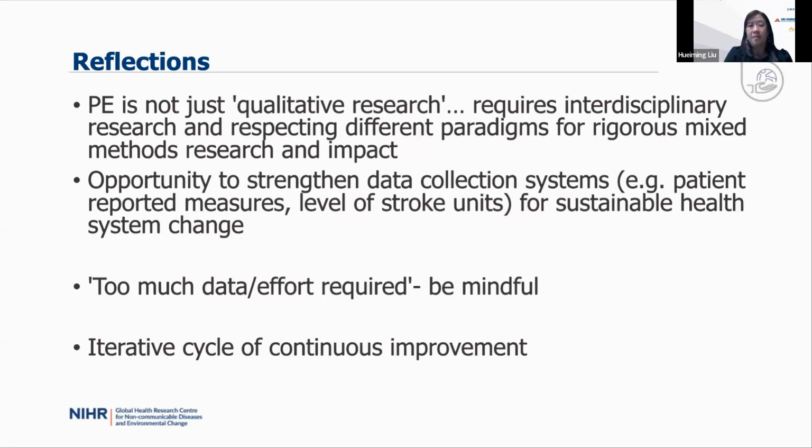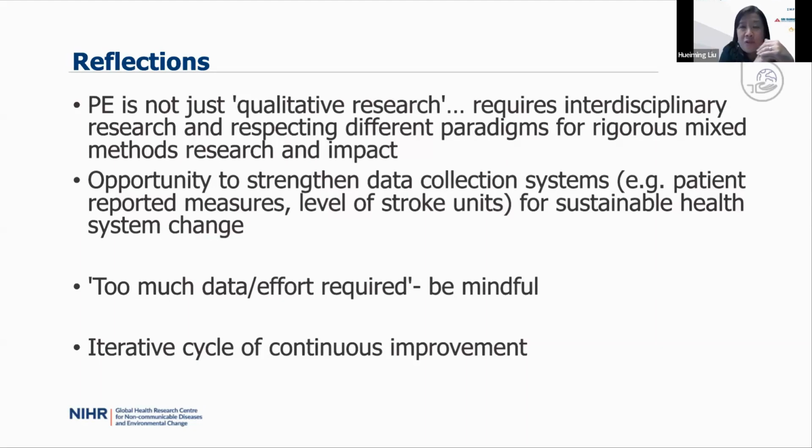For rigorous mixed methods research and impact, bear in mind the different paradigms, as we went through last week: in qualitative research, the interviewee has all the knowledge and is the expert, versus quantitative, where with the epidemiological data the researcher is the expert of all this data. So those different paradigms need respecting.